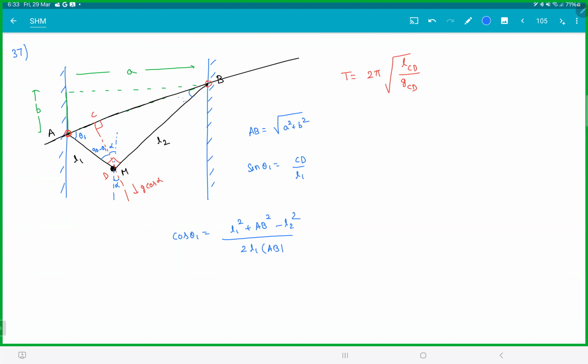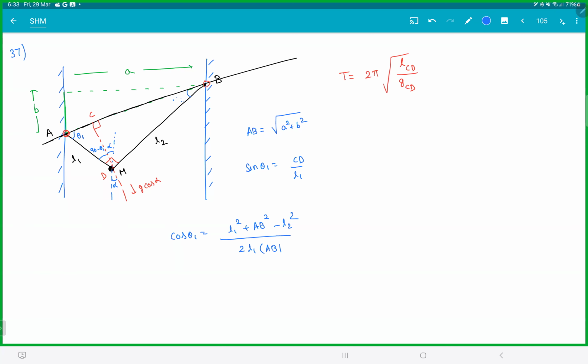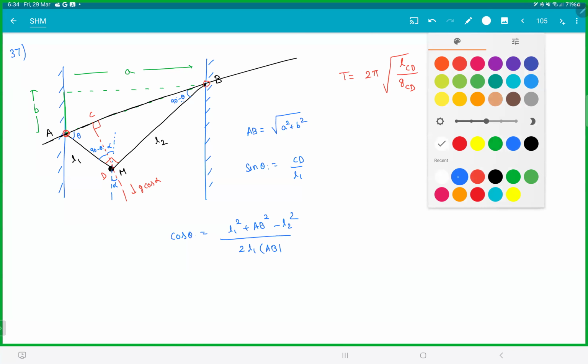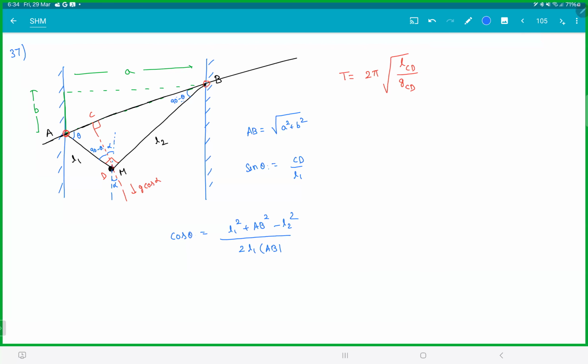Areas, nothing will come from areas. This is 90 minus theta. This whole thing is theta.